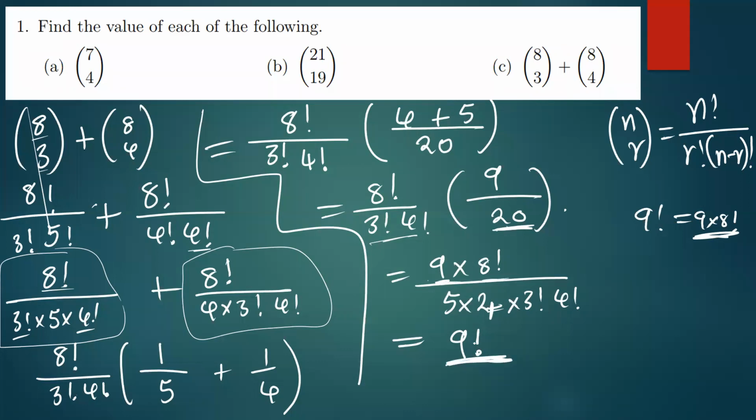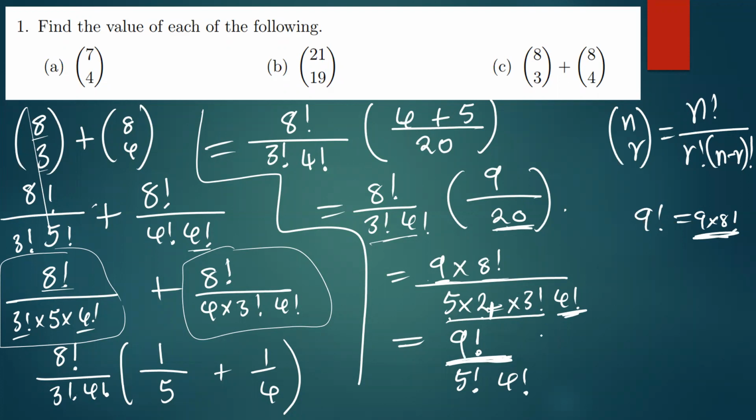Once you do that, it's now easier to look at the denominator. So 5 times 4 times 3 factorial can also just be written as 5 factorial. And then we have that 4 factorial there. So this is how it is.